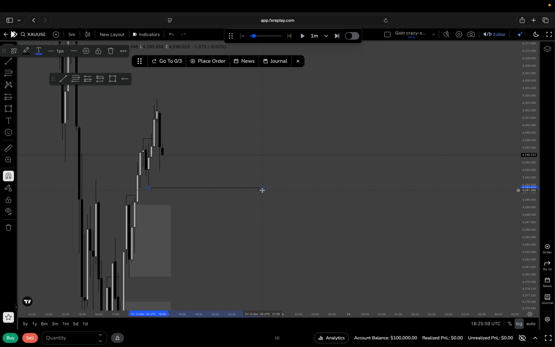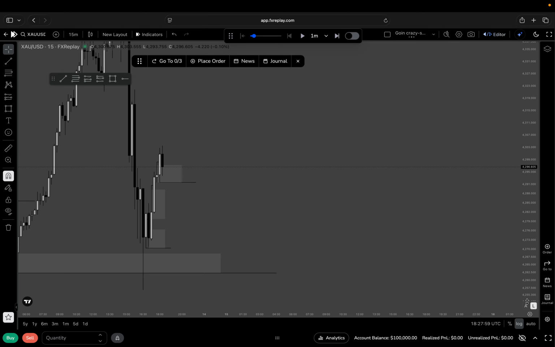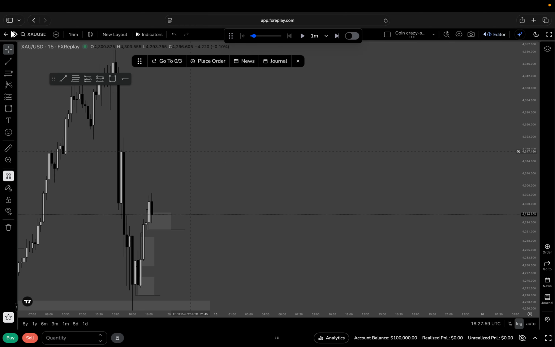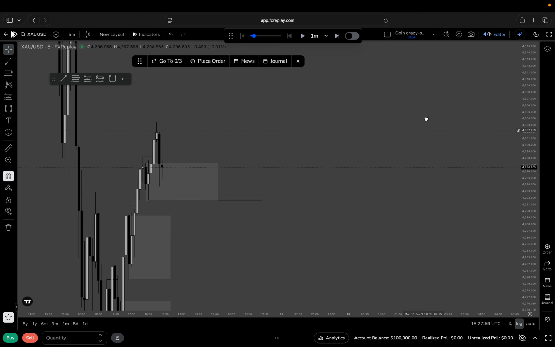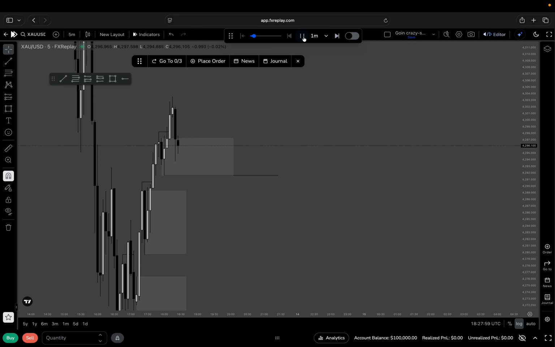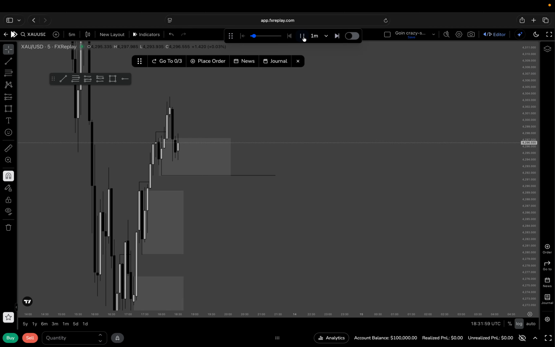Let's see if we sweep these lows and end up holding the zone. What are we looking like on the 15-minute? On the 15-minute, we really haven't formed a range. So we do need a sweep.